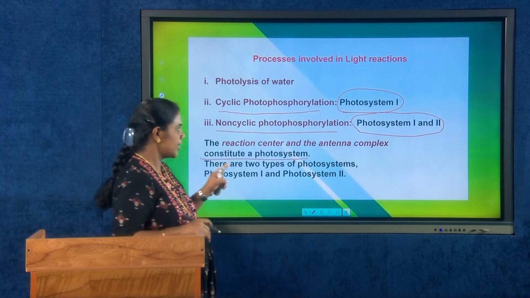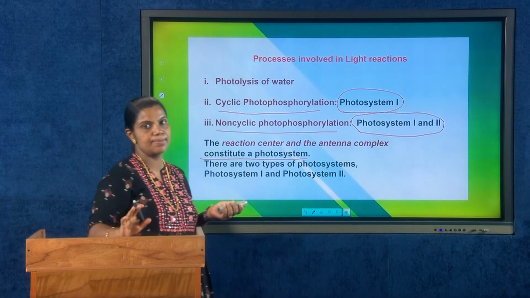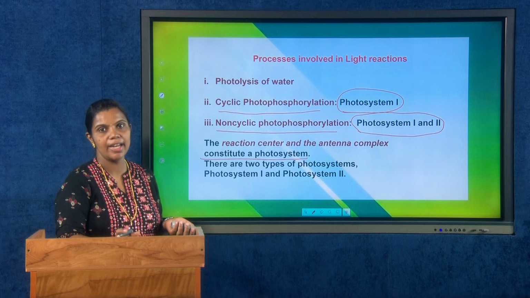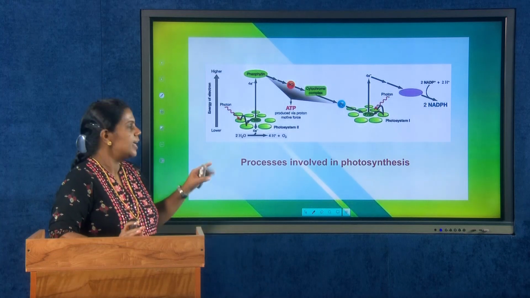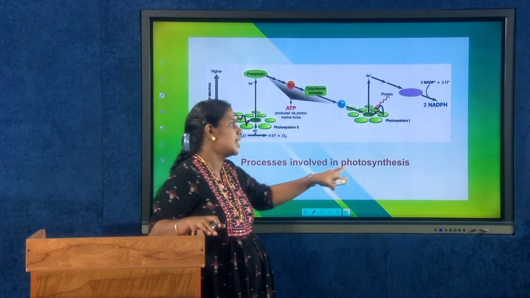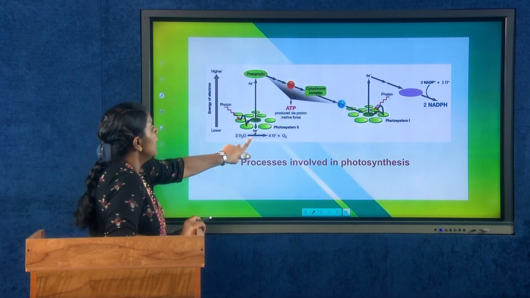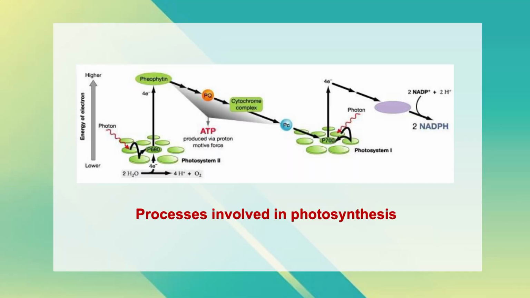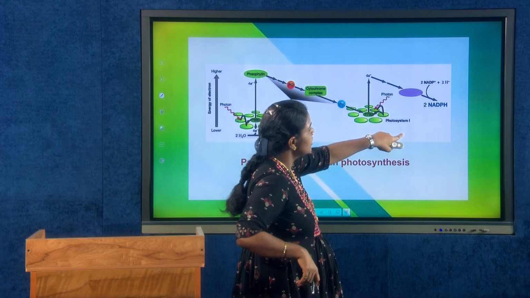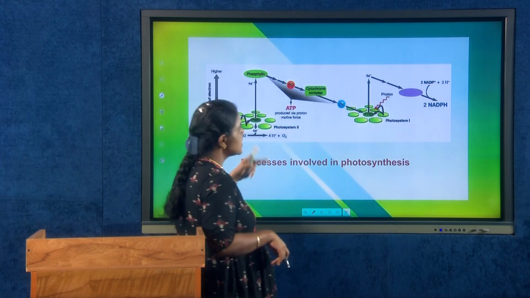I mentioned that there are two types of photosystems, photosystem 1 and photosystem 2. Here you can see the processes involved in photosynthesis. Here you can see the oxidation of water to 4H plus and O2 is generated, and these are utilized for the synthesis of carbohydrate. Along with that, you can see there is photosystem 1 and photosystem 2.